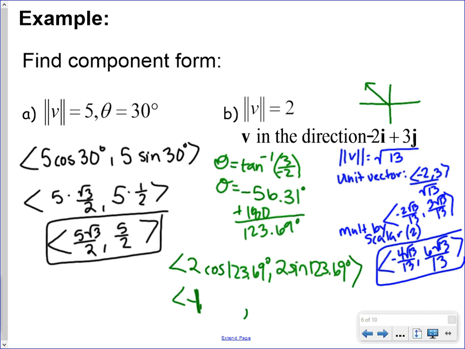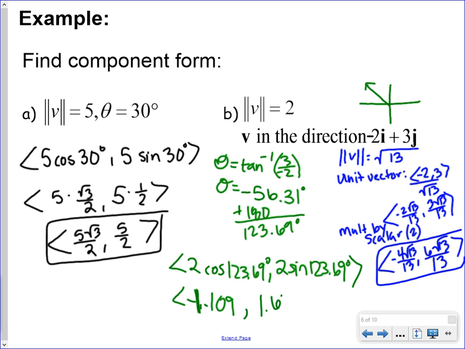Okay, so negative 1.109. I'm only going to round to the thousandths because I now have all those decimals. I just think round to the hundredths or the thousandths. I'm just doing the thousandths. Okay, and then what's the other one? Positive 1.664.